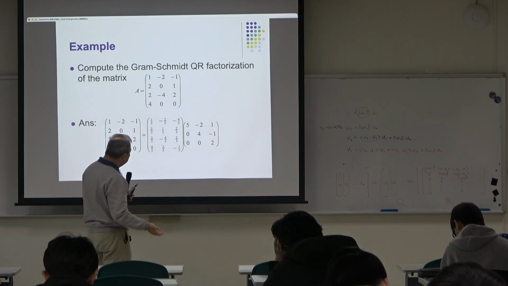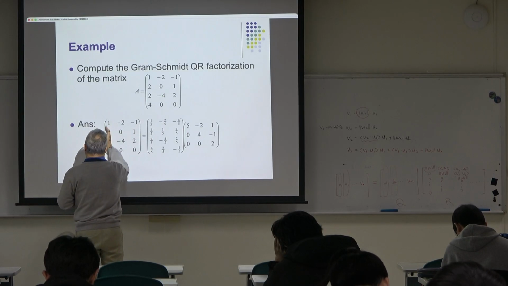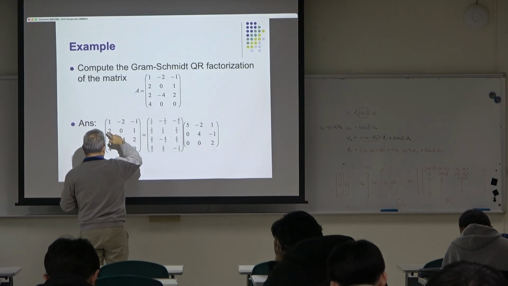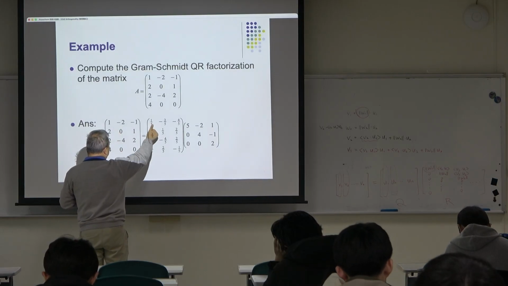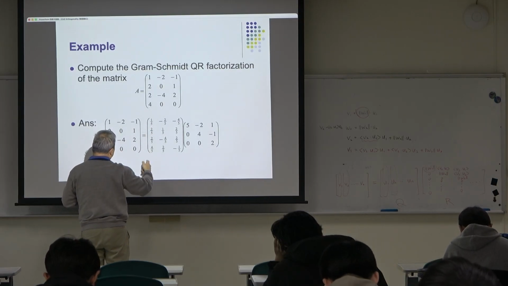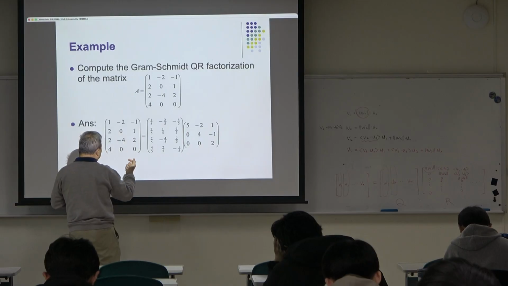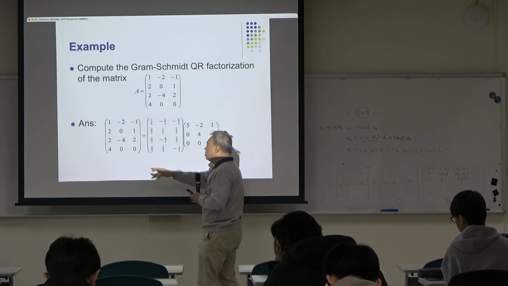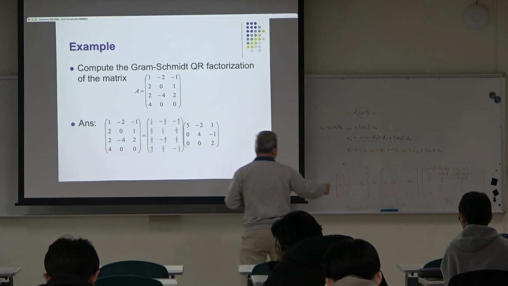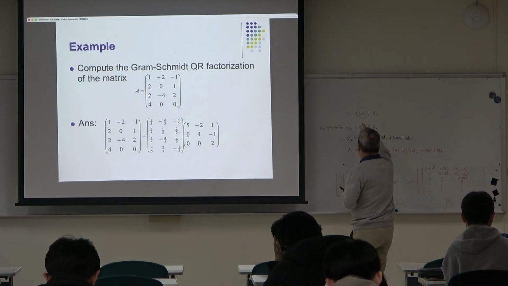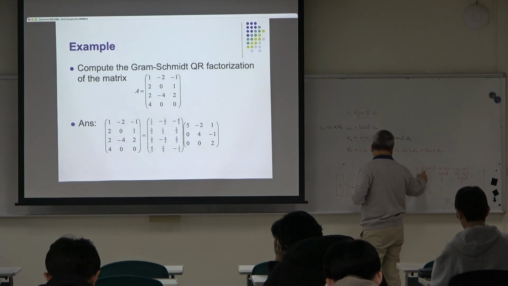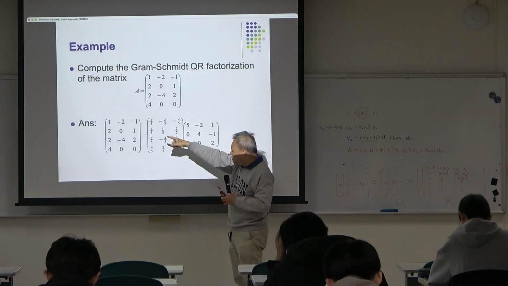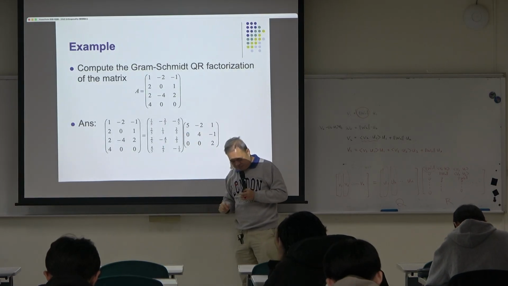The first one, obviously, you just divide by its norm. So that's why the ratio is 1, 2, 2, 4. You need to divide by its norm, which is W1 norm, which appears in the diagonal. So it's 5. You can compute it by yourself.